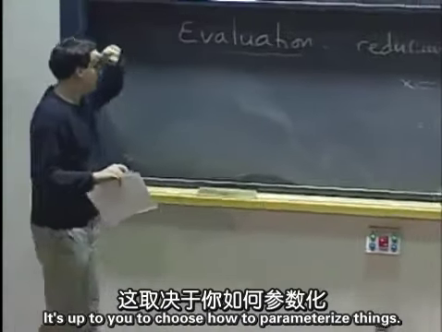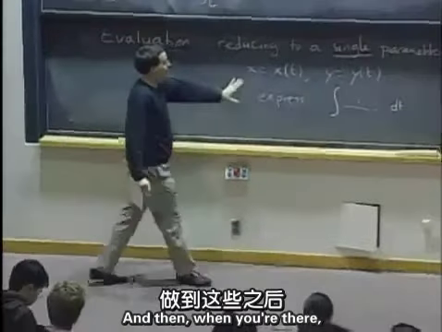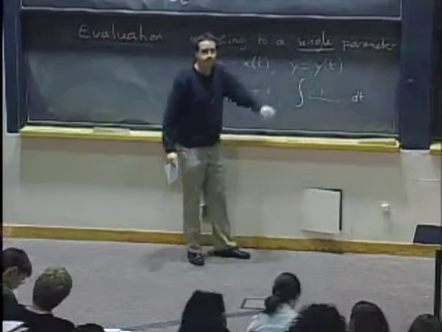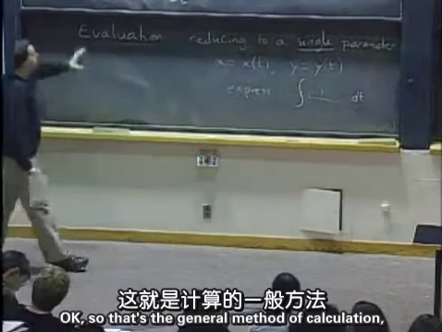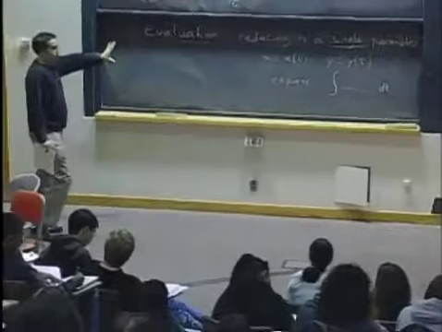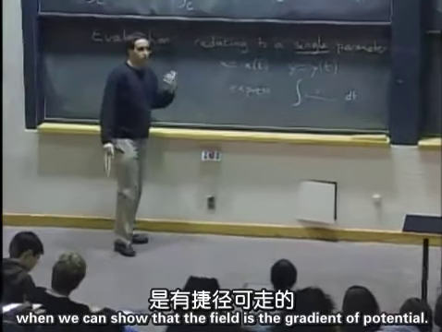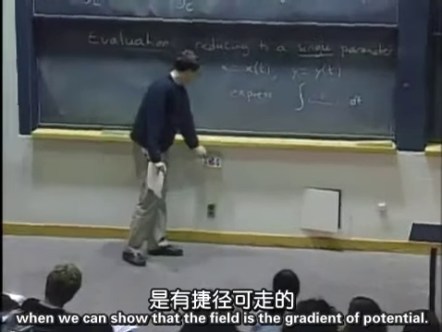It's up to you to choose how to parameterize things. And then when you're there, it's a usual one variable integral with a single variable in there. Okay, so that's the general method of calculation. But we've seen a shortcut for work when we can show that the field is the gradient of a potential.